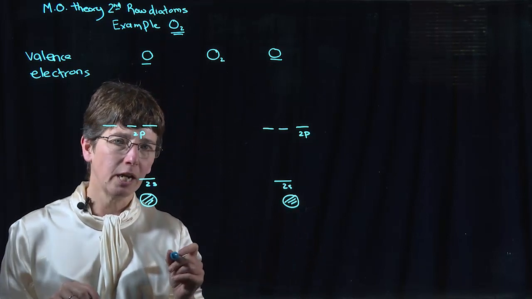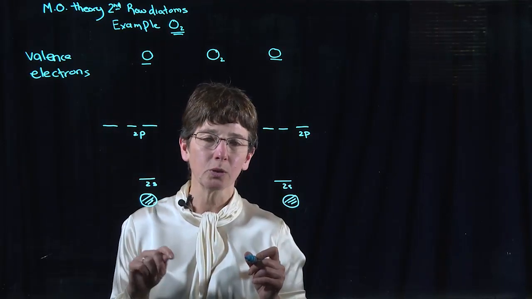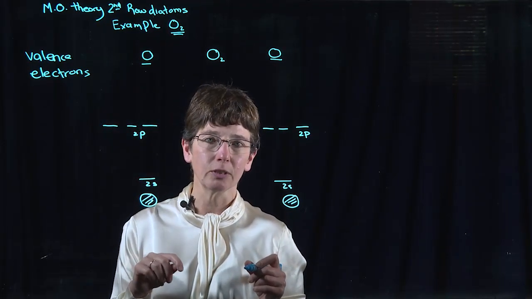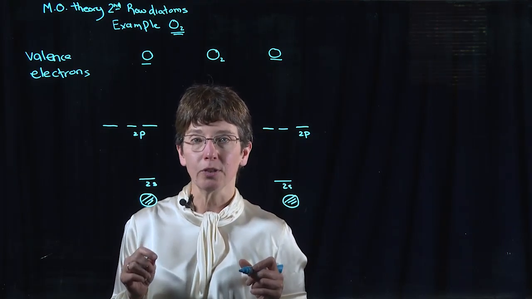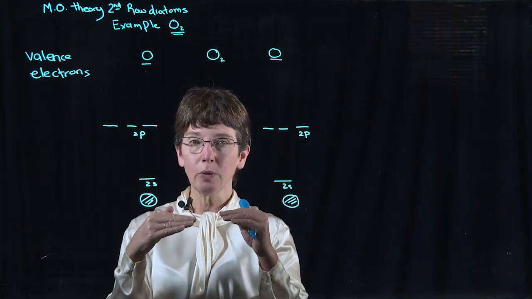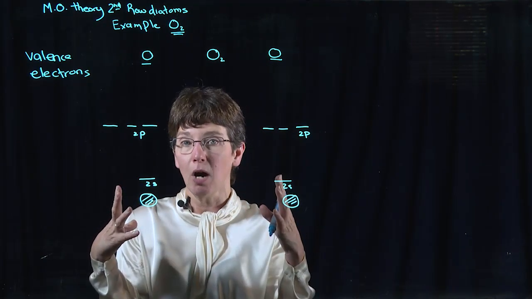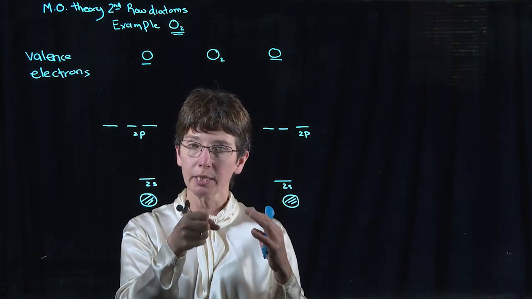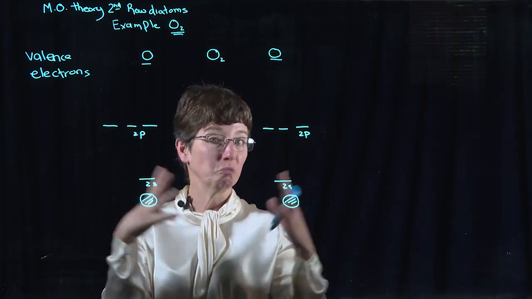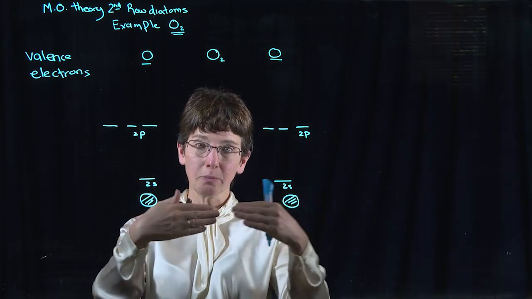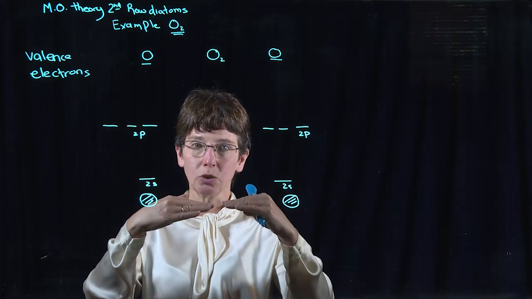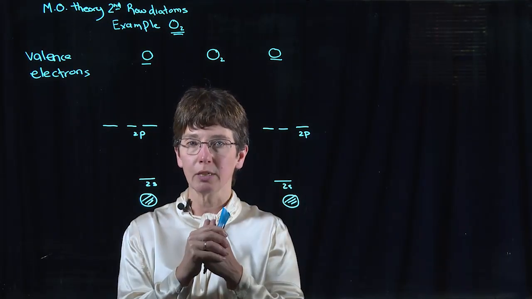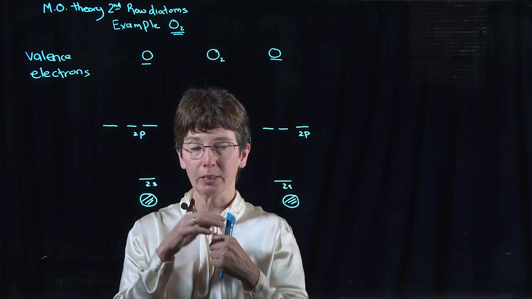Now, for the first time, when we think about the p orbitals, we're going to begin to think about the differences between the px, py, and pz. The reason for that is that now when we're bringing two atoms together, space is not the same in all directions. If you're just thinking about an isolated atom, it is. But now there's going to be a distinct difference between the axis that connects the two atoms versus the ones that are perpendicular to that.